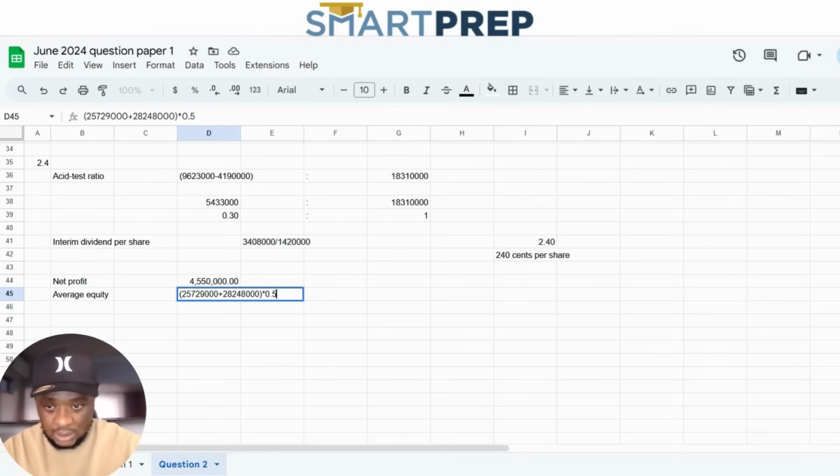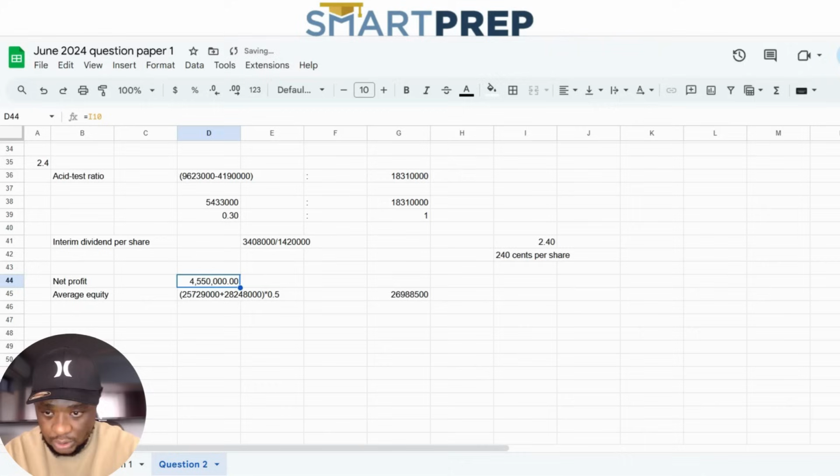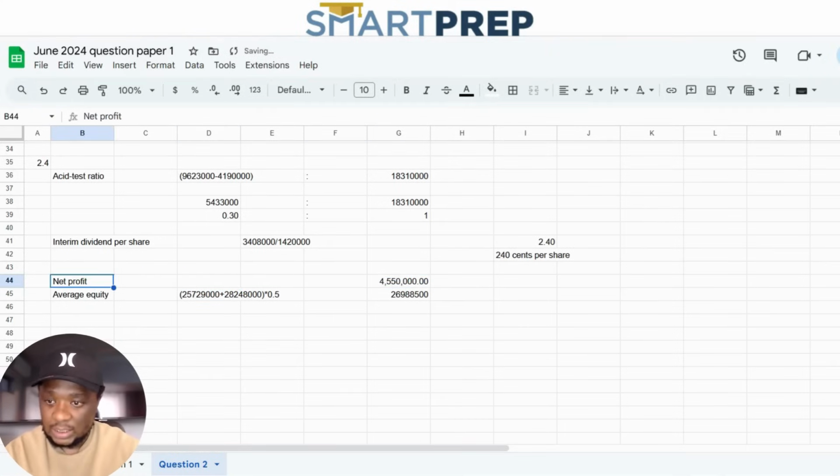Then multiplied by 0.5, so that's basically just dividing. And I want to just move this one here so that it's kind of in the same place.